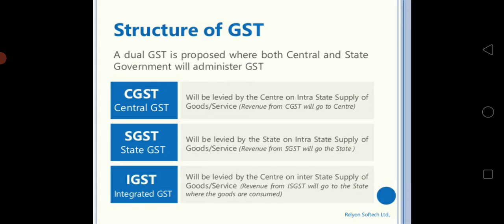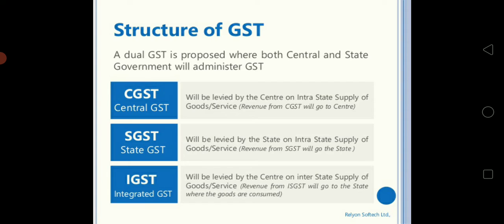And next come to IGST. The full form of IGST is Integrated Goods and Service Tax, and it will be levied by the central government on interstate supply of goods, that is, a transaction in which supply is from one place in a state to another place in some other state.